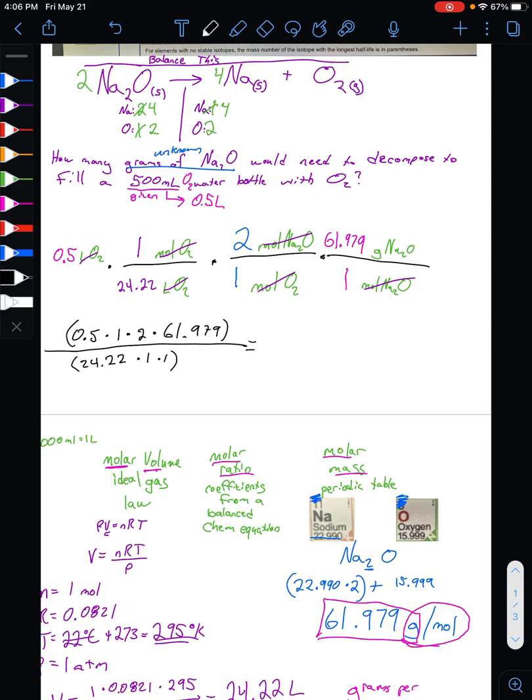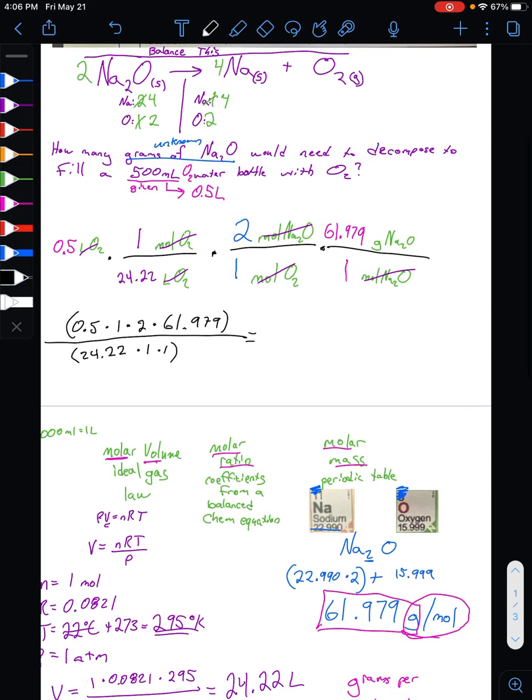Yeah, that's funny. Guess what the answer is? 61.979. Because you took that, you multiplied it by 2, and then you divided it in half. So back to the same number. Cool.